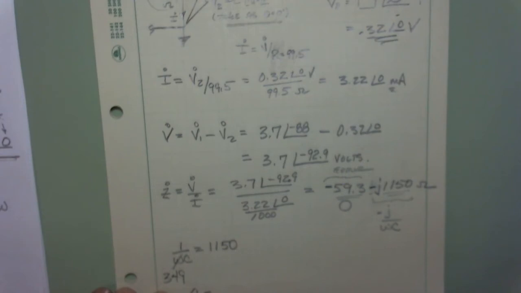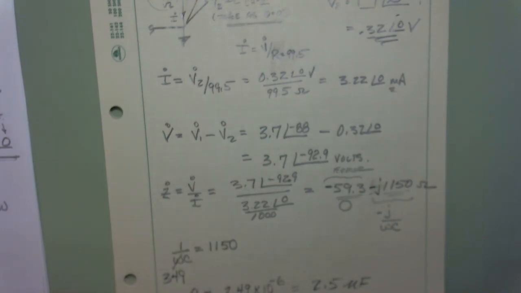C turns out to be 2.49 times 10 to the minus 6, which would be 2.5 microfarads. Let me double check that for you. Yeah. Something like that.